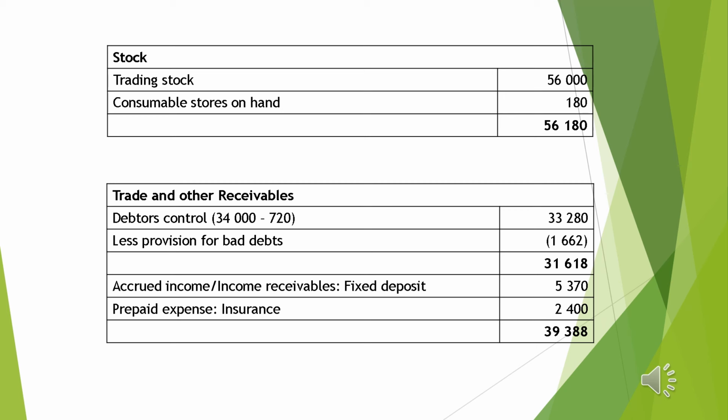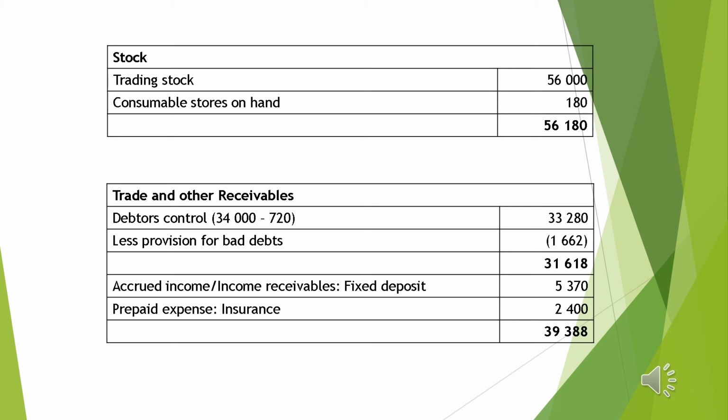Now, let us look at your notes to the financial statements. If we are referring to notes to the financial statements, we are referring to calculations. Now, we are preparing the financial statements in such a way that we are categorizing similar entries, similar accounts, so that it is easy for us to do what?